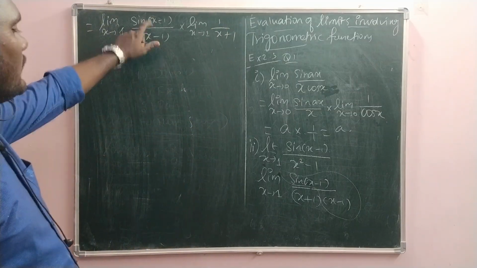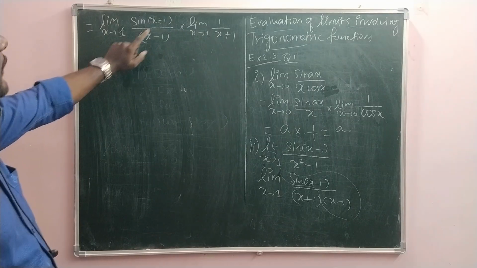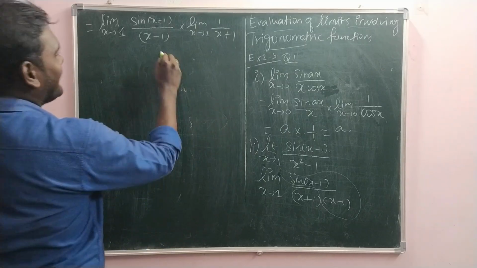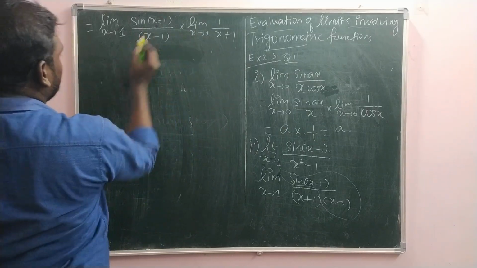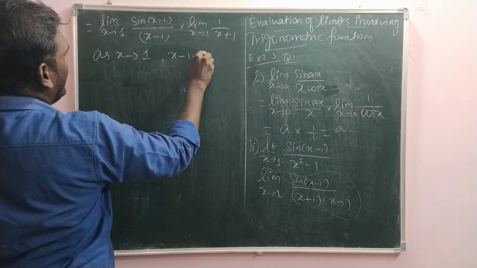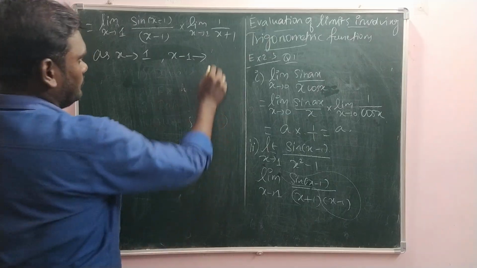Though it is in the formula's format, we can't use the formula directly because x tends to 0. In place of x, what do we have here? X minus 1. When x is approaching 1, x minus 1 approaches 0.